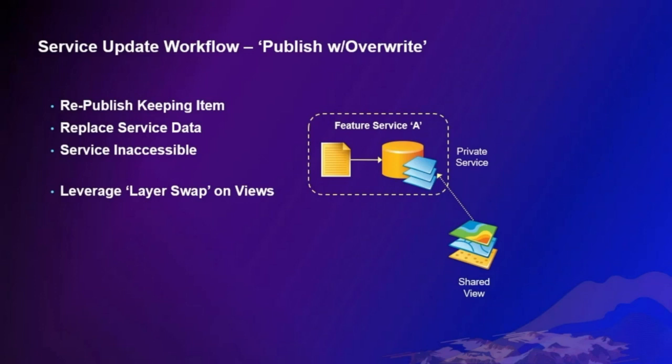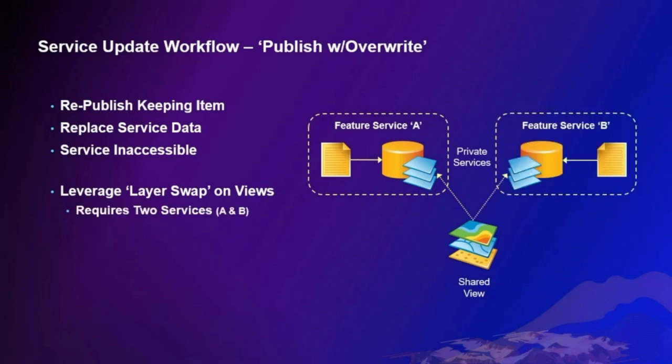But in this case, we can leverage those views to do more. We can use what we call a layer swap. The layer swap is a technique that we use to maintain the service, and we have a case where we have a service that's published. We want to replace the content, but we don't want to disrupt what the users are doing with it.